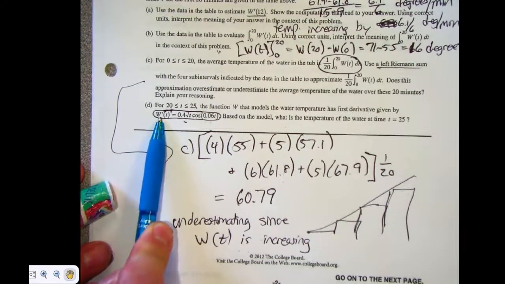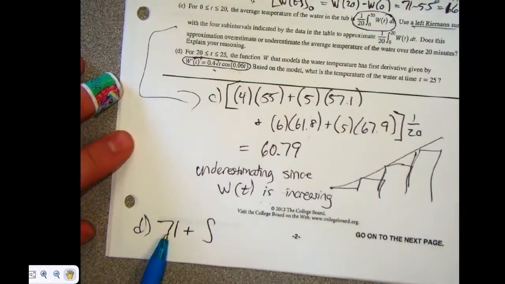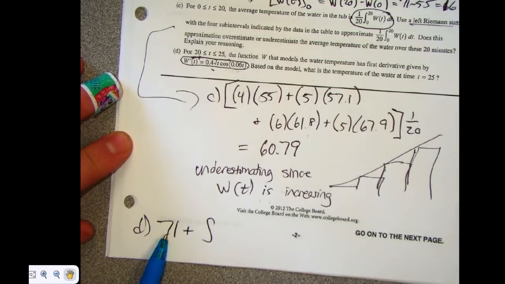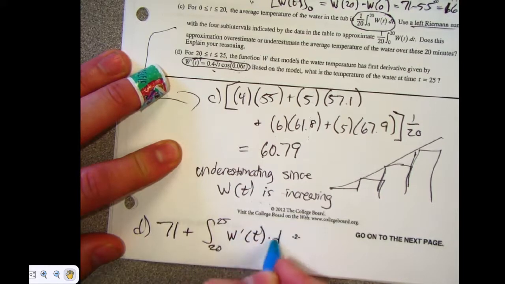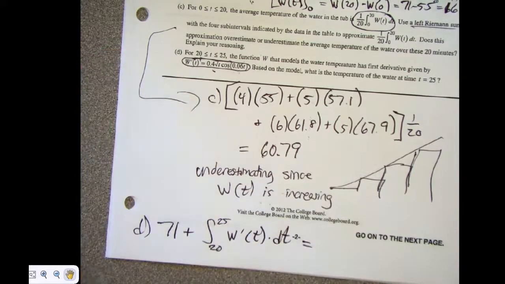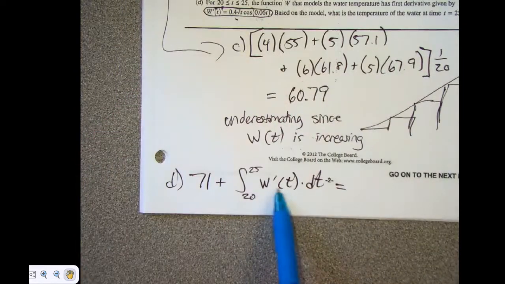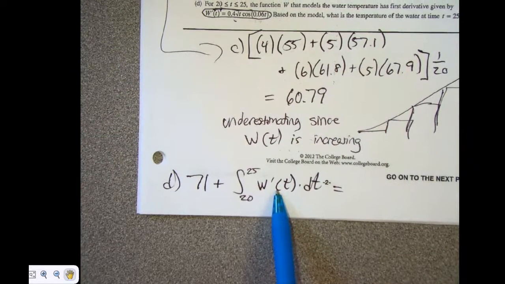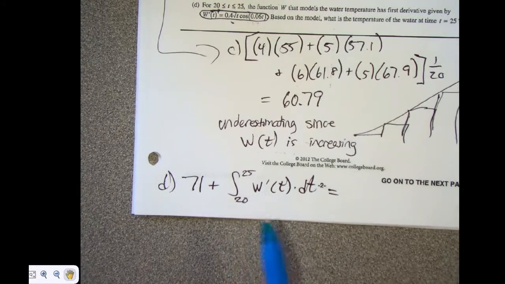I'm going to integrate it. So I'm going to go 71 plus, because the temperature is 71 at the 20th minute, and then from 20 to 25, I'm going to integrate W prime of t. You can write W prime there, or write down the equation. At this point, you're just typing it in your calculator. Please everybody do that and make sure you get what you're supposed to get.